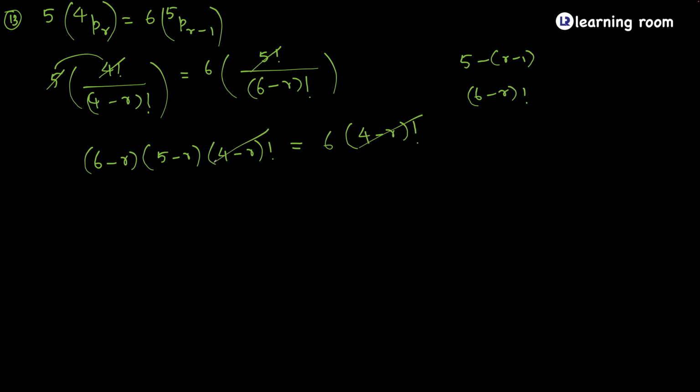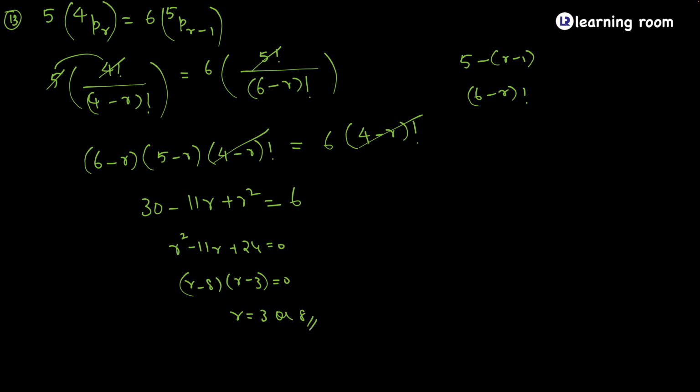What are you going to have? So 30 minus 11R plus R square is equal to 6. So R square minus 11R plus 24 is equal to 0. So R minus 8 into R minus 3 will be 0. R will be 3 or 8.